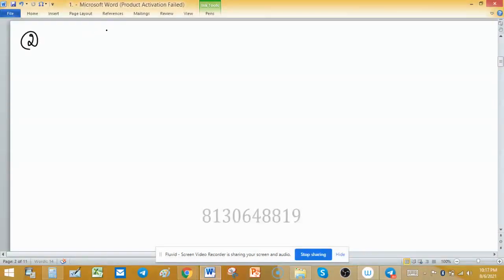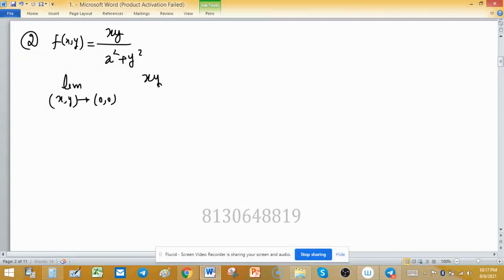Now consider another example. The function is given as a function of two variables, xy upon (x square plus y square), and we need to check the limit at (0,0). So I can write the limit as (x,y) tends to (0,0) of xy upon (x square plus y square).